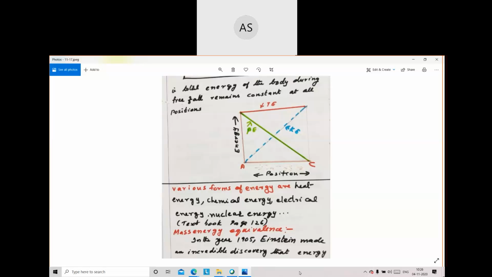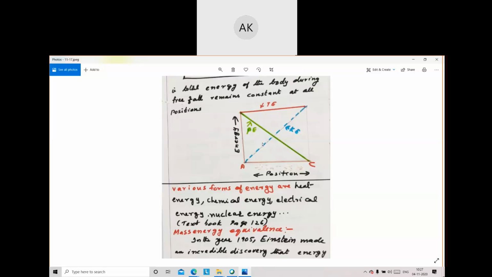When the body is held at A, what is the kinetic energy? Zero. Correct. Just before it hits the ground, the kinetic energy we have calculated, what is it? mgh. Very good. So kinetic energy is maximum just before it hits the ground. You see, at C, kinetic energy is maximum.